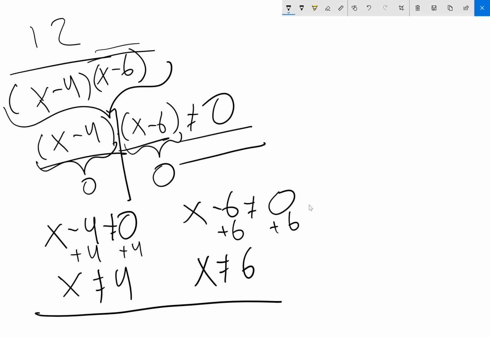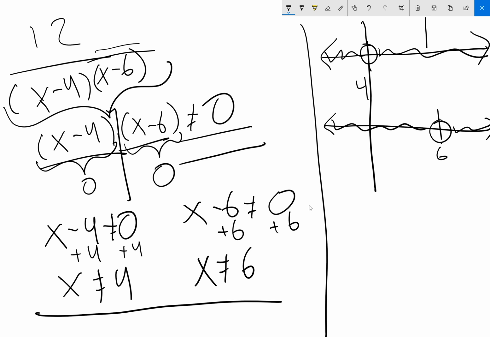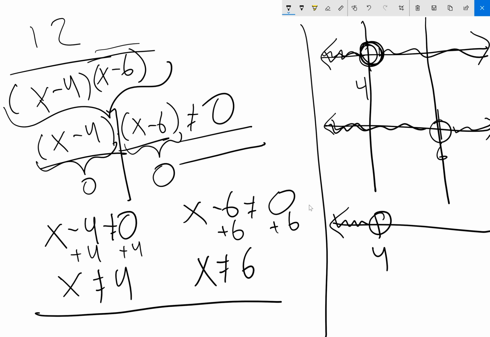So here are 2 rules that we need to follow, right? So let's start with this. It can't be 4, it can be anything before, it can be anything after. It can't be 6, it could be anything before, it could be anything after. So now we need to combine these 2. So far it could be anything before 4, so we're okay. However, this rule says that it can't be 4.